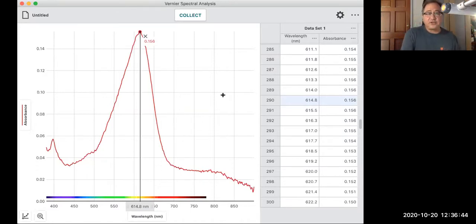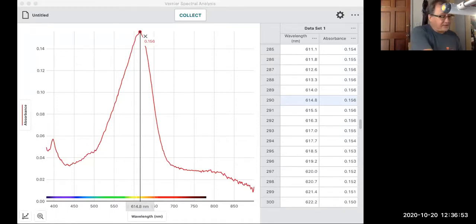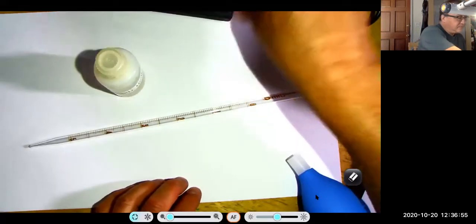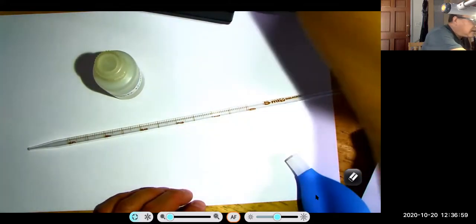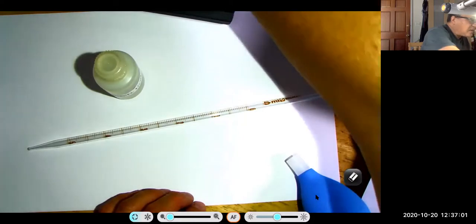So here I'm going to switch my screen share back to here so that you can see. Oops, let me put this back. Got to put everything back in its proper place.